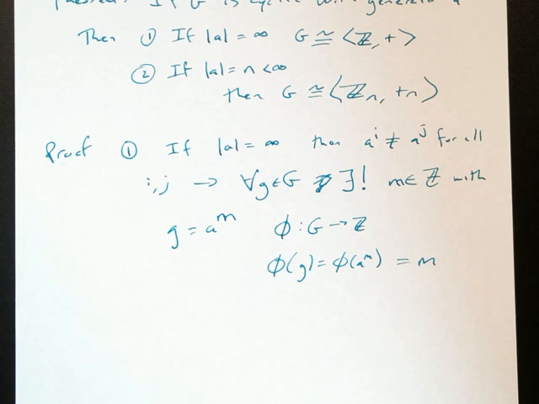Does it preserve the operation? How would I show that? I want to show that multiplication in G becomes adding in the integers.